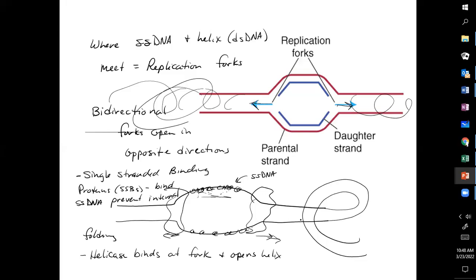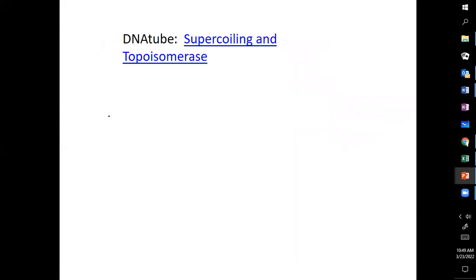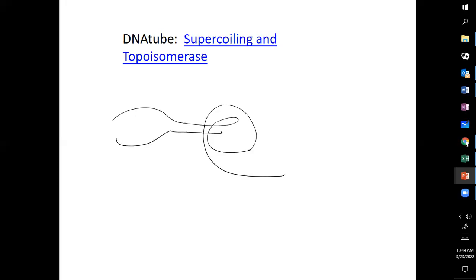But as that synthesis process is occurring, it causes the supercoiling of the DNA helix downstream of the fork. So there's an additional enzyme that's going to come into play down here at the fork, and this is going to alleviate the supercoiling, and that's called topoisomerase. This figure is getting awfully messy. Let me see here. So we've got our bubble downstream. We're going to get supercoiling occurring of the helix.